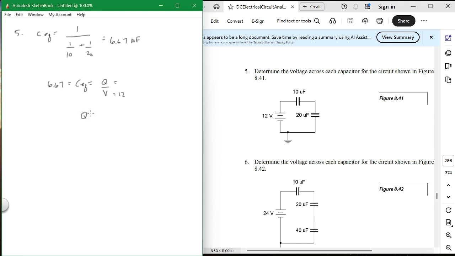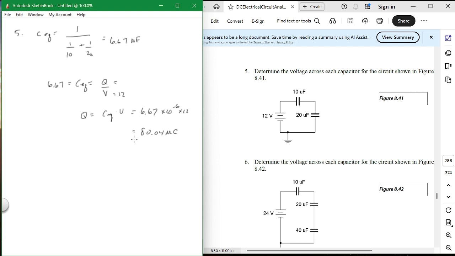Looks like Q would be C equivalent times V, or 6.67 times 10 to the minus 6 times 12, or 80.04 micro, and they have units of coulombs. We really don't care too much about the units, but that's what they are, coulombs. Okay, so that's our equivalent.